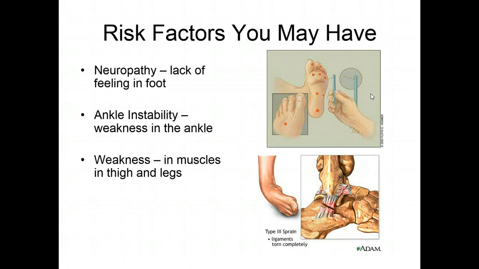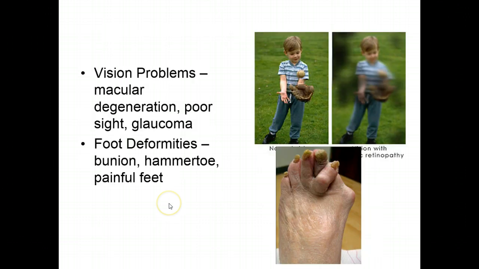Also, if you have ankle instability or weakness in your ankle. How many people have said, well, I've twisted my ankle or I've sprained my ankle? Something like that can put you at greater risk for a fall. As well, weakness: if your muscles or your thighs or your legs are weak in any way, you're going to be at greater risk of a fall.